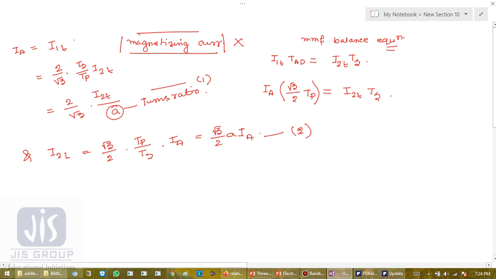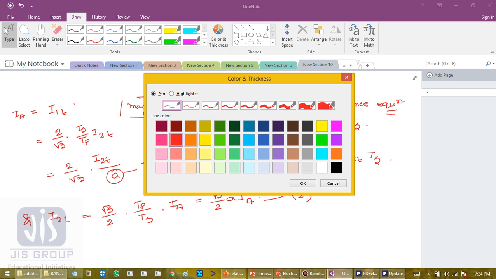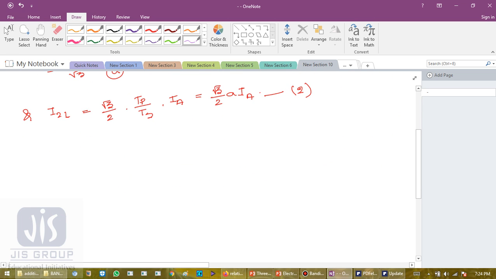Now a similar MMF balance equation we will apply for the main transformer. So that will become IB into TP by 2 minus IC into TP by 2 equals I2M into TS.